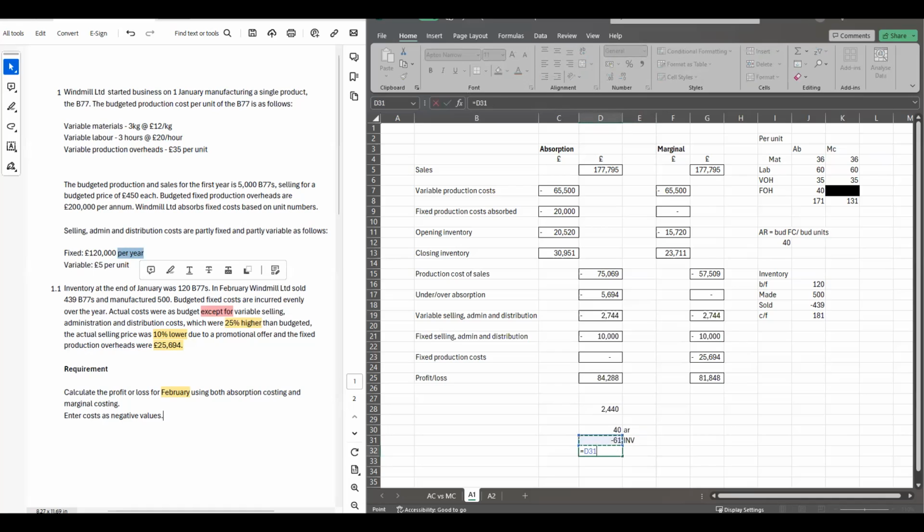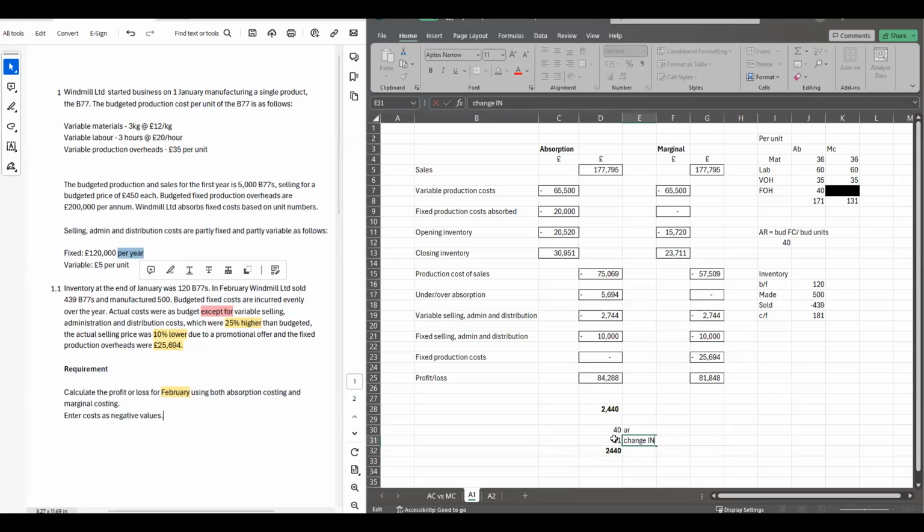So we've got 40 multiplied by the 61, and that gets us to the same number. Now, again, if that happens on exam day, you know that you've basically done things correctly on the question.